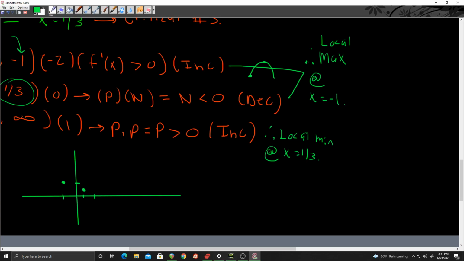So, let's remember. We have a maximum here. So the function has to do something like this. Doesn't look very good. Hold on. Try that again. We have a maximum here, and a minimum here.